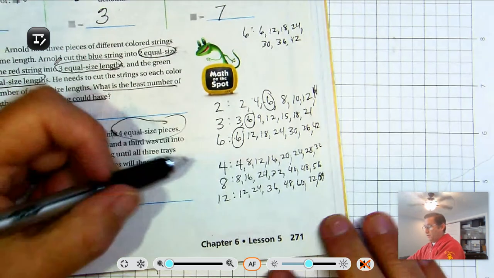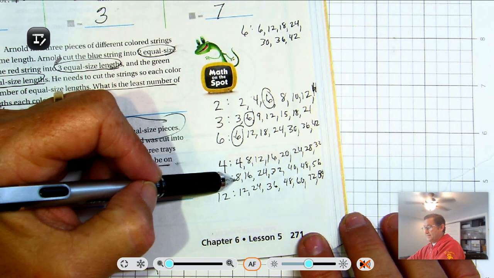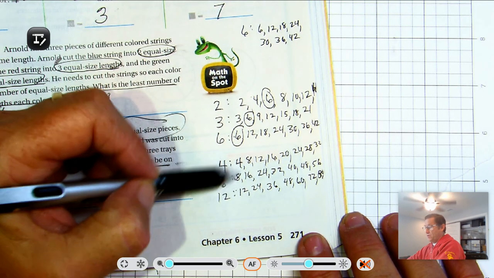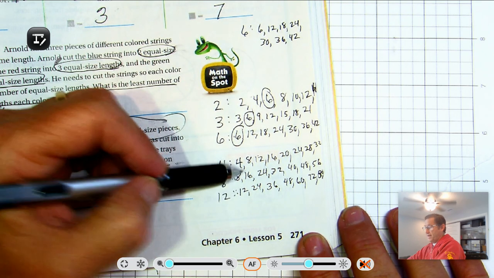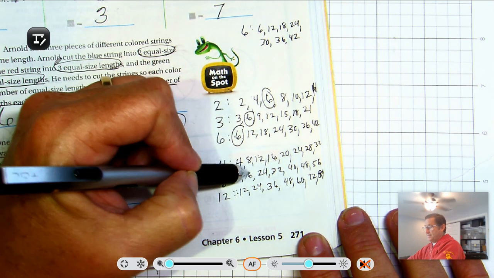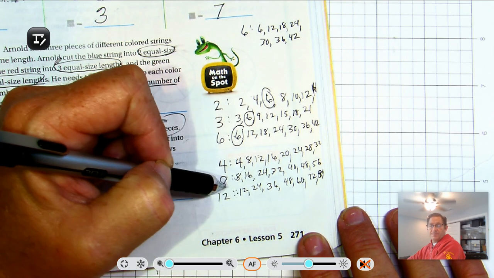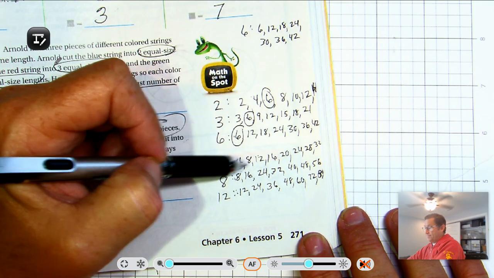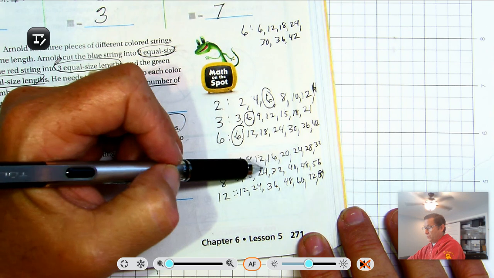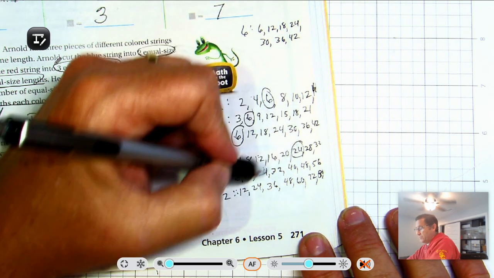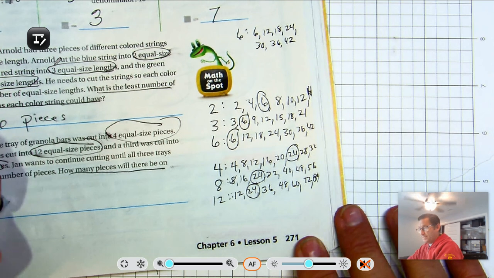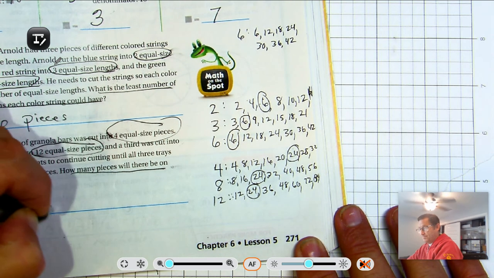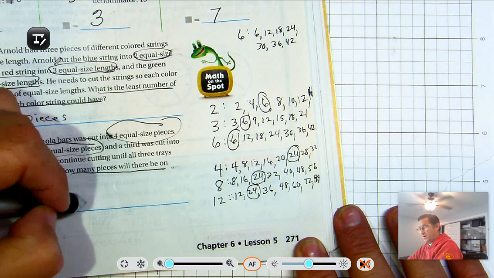All right, which one's in common to all of them? 4 is not. 8 is in common to 8, but not 12. 12 is in common to 12, but not 8. 16, no, 12 is not 16. 20, no. 24. Okay, I do see 24 in all 3 lists. So 24 pieces on each tray.